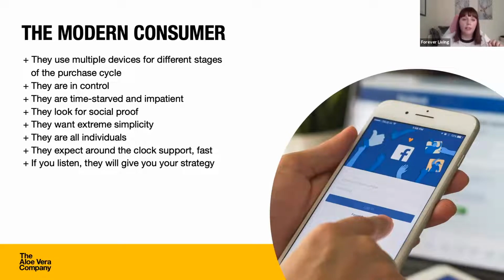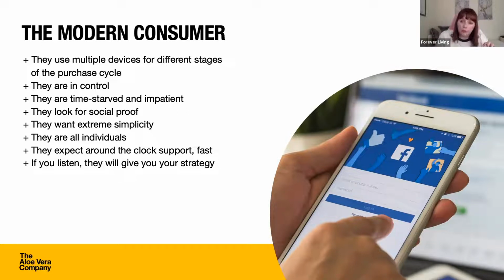So if we quickly take a look at what the modern consumer expects from their time online. They use multiple devices for different stages of the purchase cycle. They're in control: they follow what they want to follow and unfollow what they no longer want to follow, so they're completely in control of what they're consuming. They're time starved and impatient, so they want short, snappy, quick bits of content.